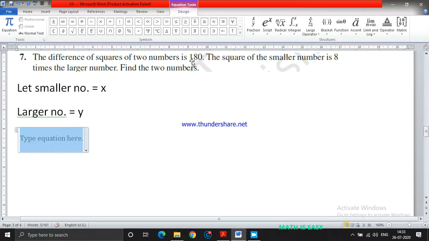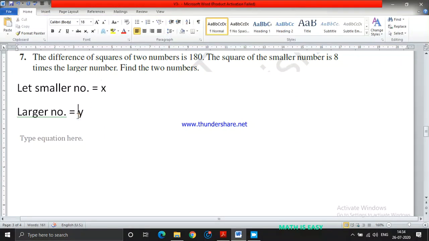That means 180 is a positive number. You get a positive number when you subtract the smaller number from the bigger number. If I write x square minus y square, for example, x is smaller and y is bigger, then x square is smaller and y square is bigger. So smaller minus bigger will give you a negative number.